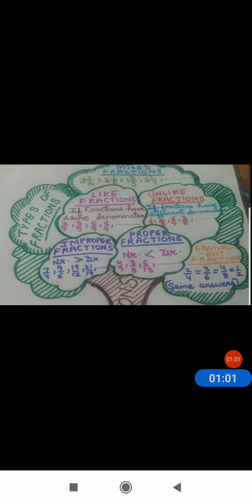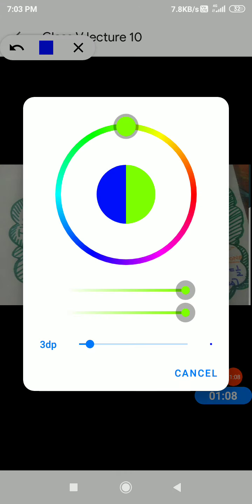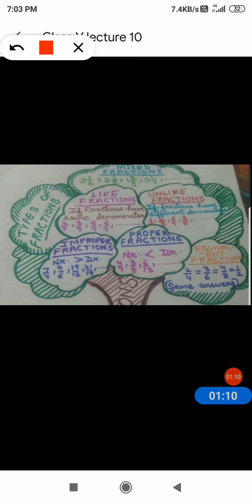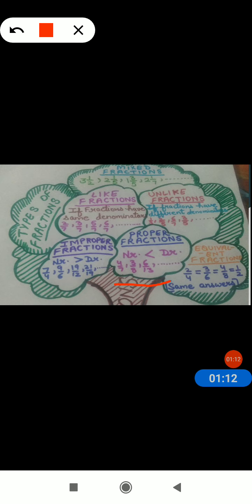So the examples of proper fractions are 4 upon 7, 3 upon 8, 6 upon 13 and so on. The thing is that the numerator should be less than the denominator.